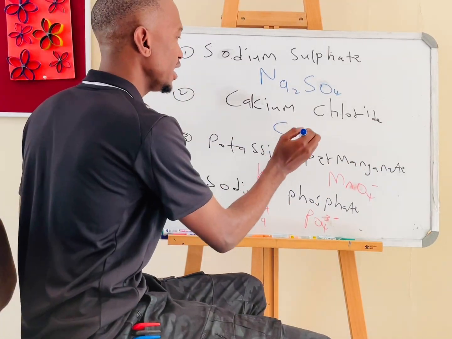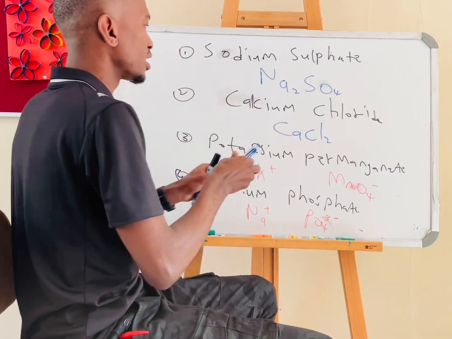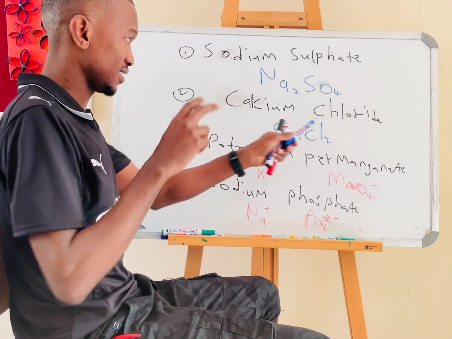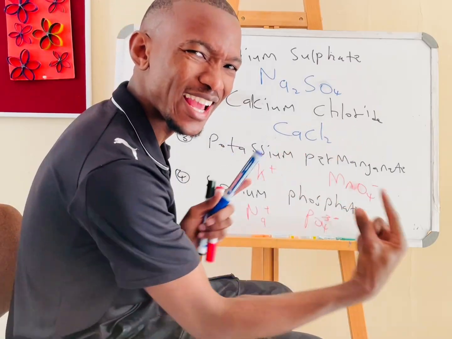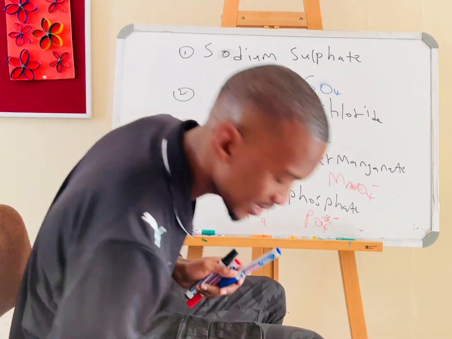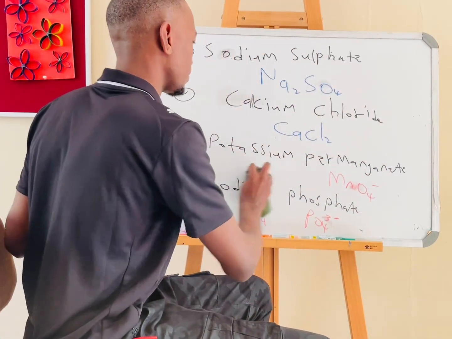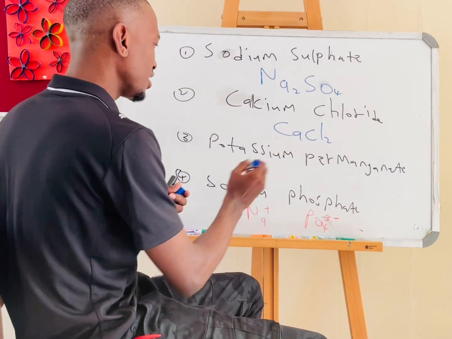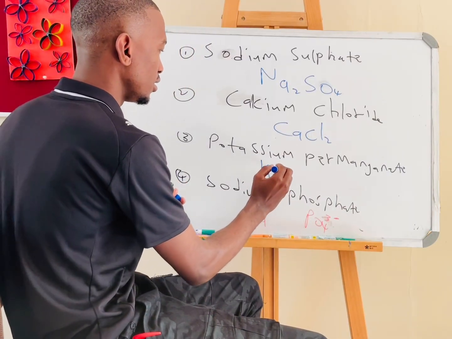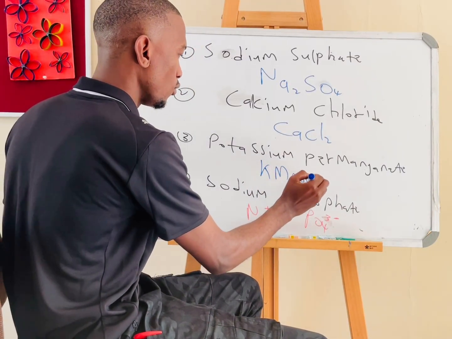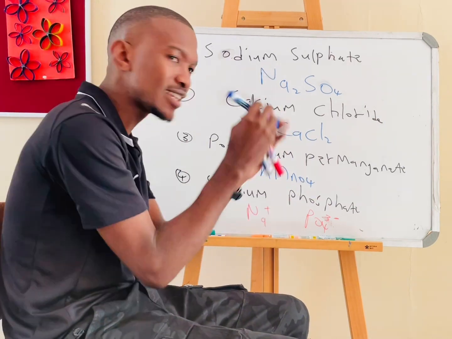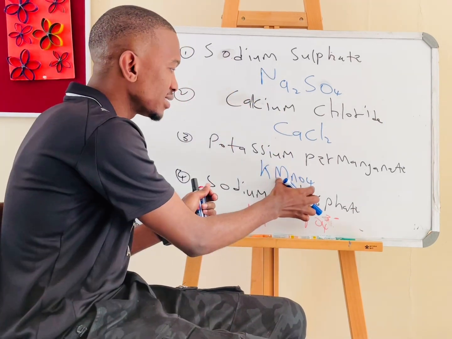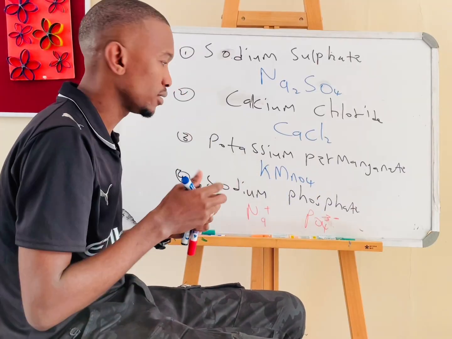I'm going to have CaCl2. Remember, the calcium has the 2+ and the chloride has the minus, and that's what we talk about, what? Ion exchange reaction. Don't forget it. And then we have potassium permanganate. This one is going to be KMnO4. So MnO4, it's the same thing. Permanganate is basically this MnO4. Potassium is one thing, you get it?